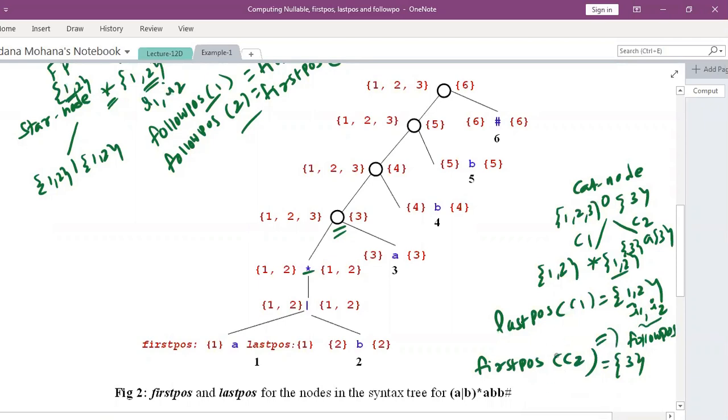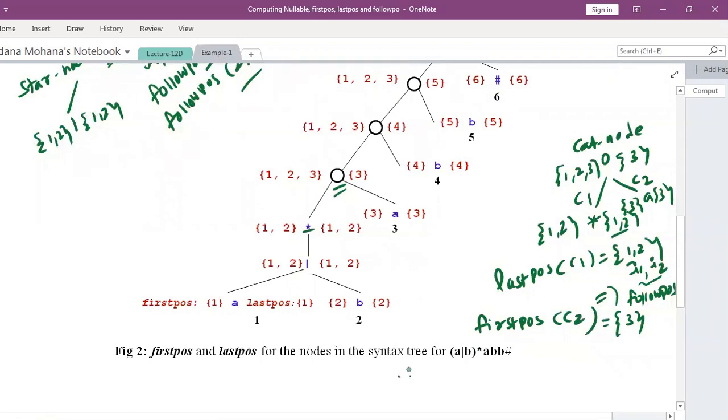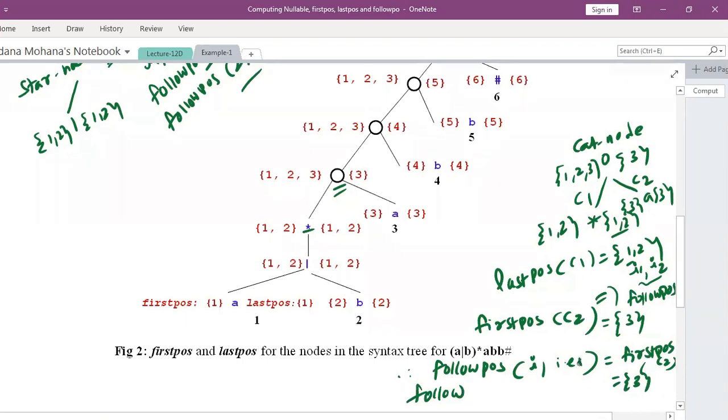Therefore, follow position of I1, that means 1, equals first position of C2. What is first position value of C2? 3. Similarly, follow position of I2, that is 2, equals first position of C2, you will get 3 only.